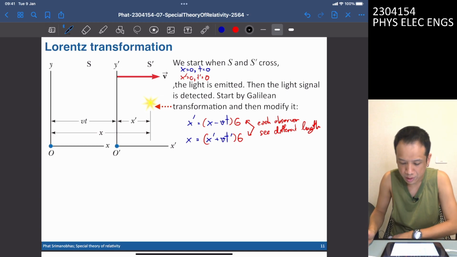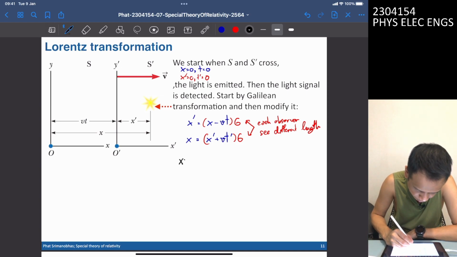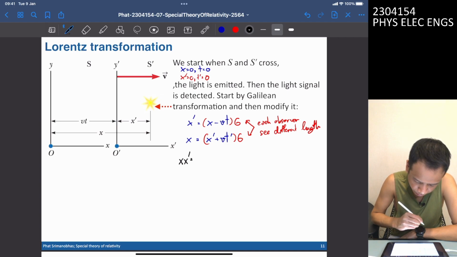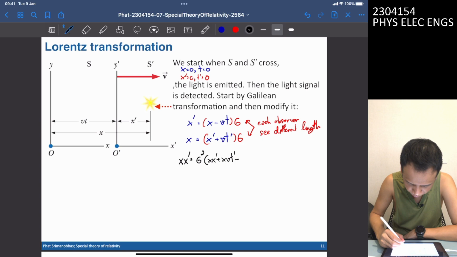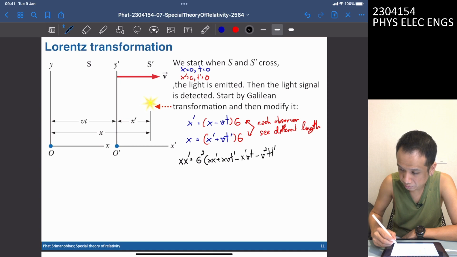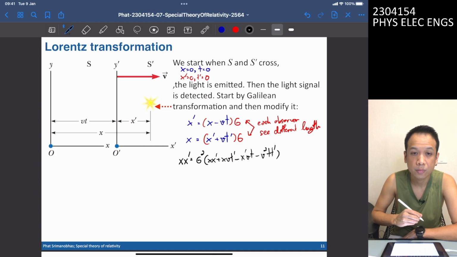Then you multiply them with each other, so you get x prime equal to g square, x prime plus x v t prime minus x prime v t minus v square t prime.